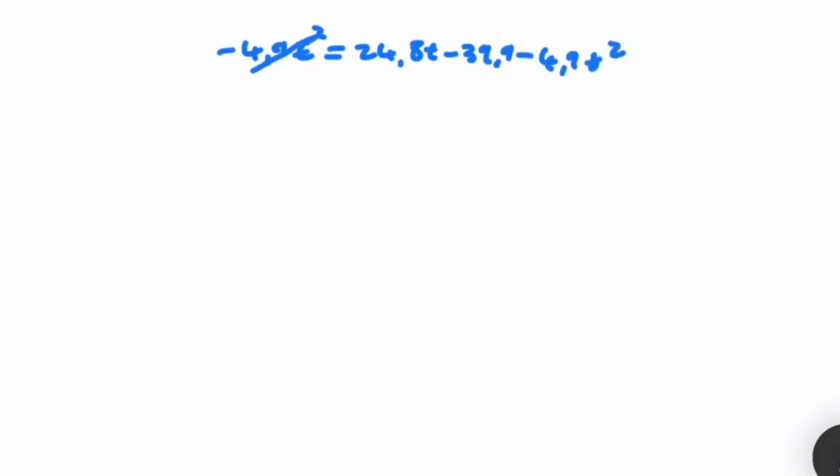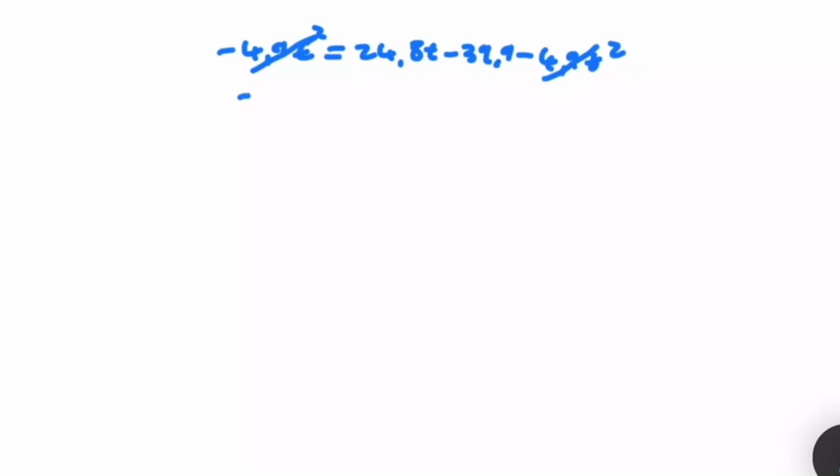If we do that, we're going to have minus 4.9 t squared equal to 24.8 t minus 39.9 minus 4.9 t squared. Obviously, minus 4.9 t squared and minus 4.9 t squared will cancel out when you take either to one side.